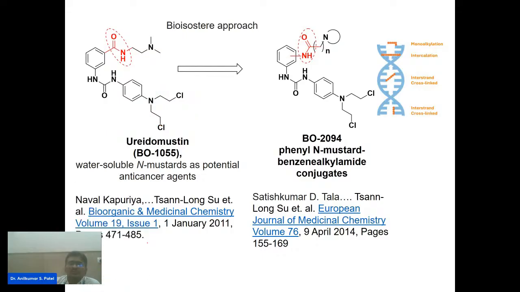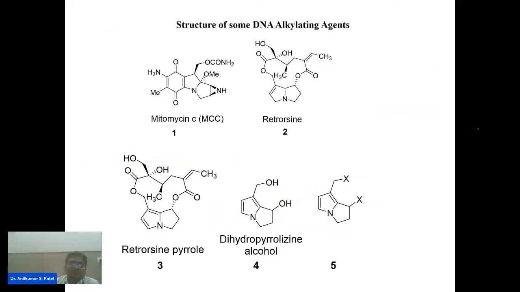These compounds give very good cytotoxicity against various cancer cell lines, but they also show toxicity to normal human cell lines. So we replaced this group with the bis-hydroxypyrrole group.